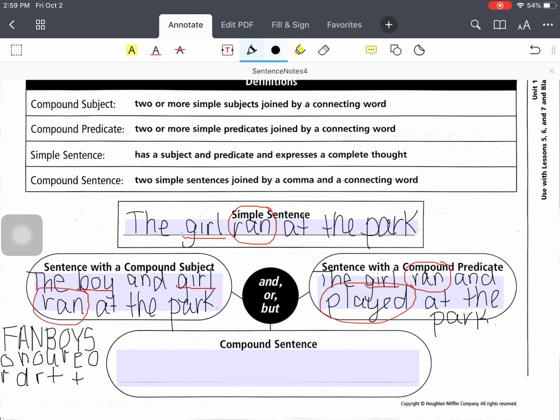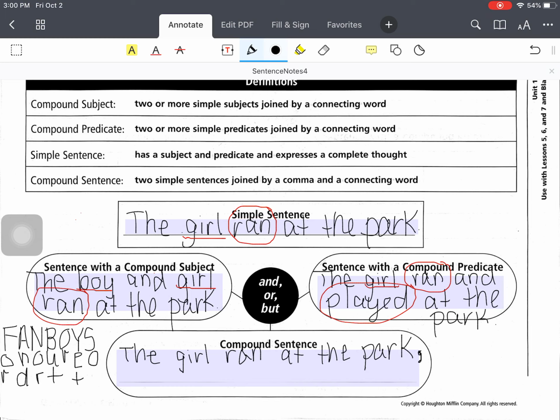So when we combine two simple sentences, we have to use a comma with a fanboy or a conjunction after it. So for example, my first simple sentence is going to be the girl ran at the park. Okay. Now, where my period would go, that is where I am going to add my comma. So instead of a period, I would add a comma.